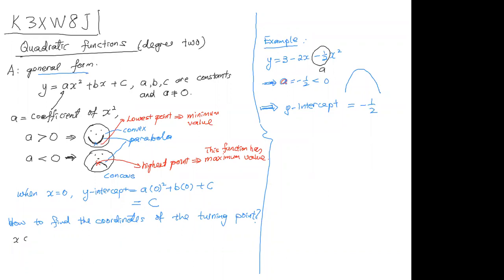The x coordinate is negative b over 2a. After you get the x coordinate, you substitute into the function to obtain the y coordinate.